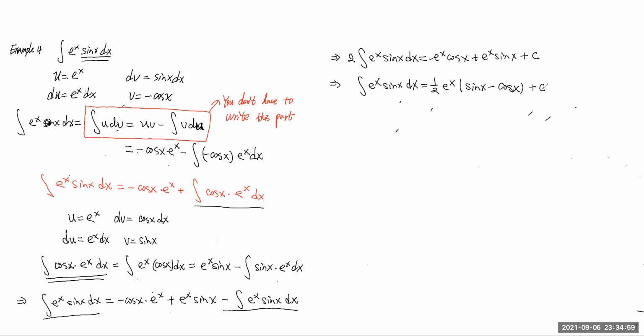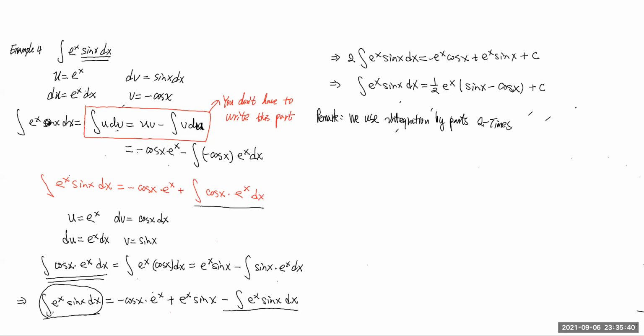That's this problem. Okay, I write a remark. We use integration by parts 2 times, right? Finally, in the integral part, we get the same integral as the original one, and then we move it together.